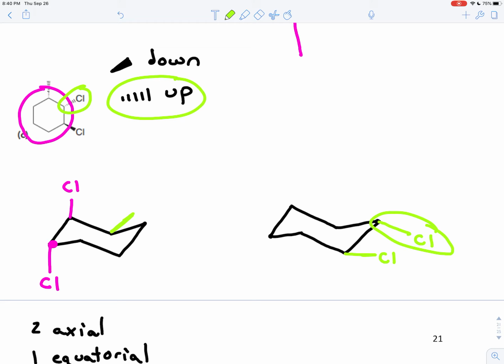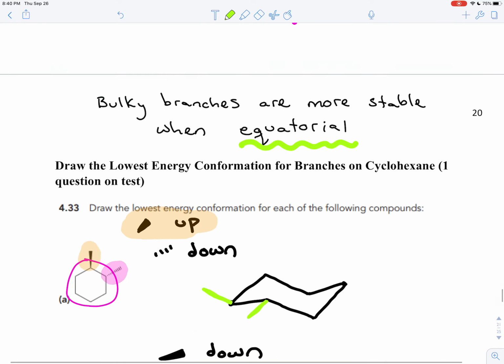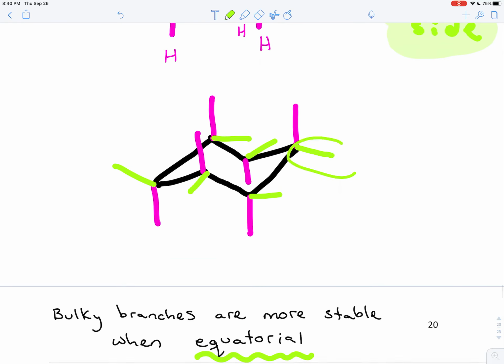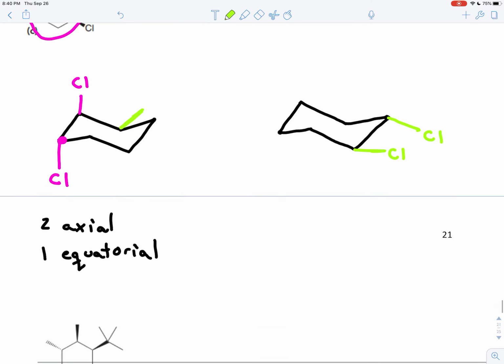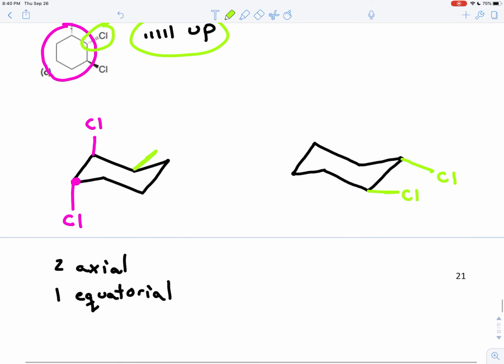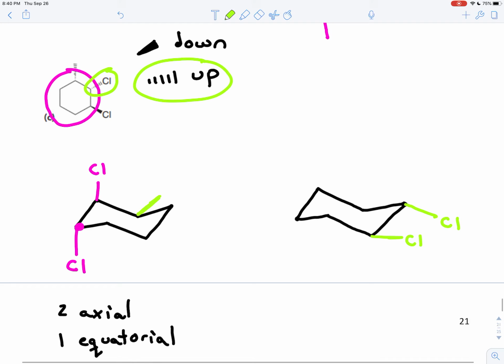If you have equatorial down in one place, it'll be equatorial up right next door. It alternates. You could see that in the figure we drew earlier. If it's equatorial down here, then it's equatorial up next, equatorial down, equatorial up, equatorial down. It alternates. So we had down and then up. In this case, both equatorial.